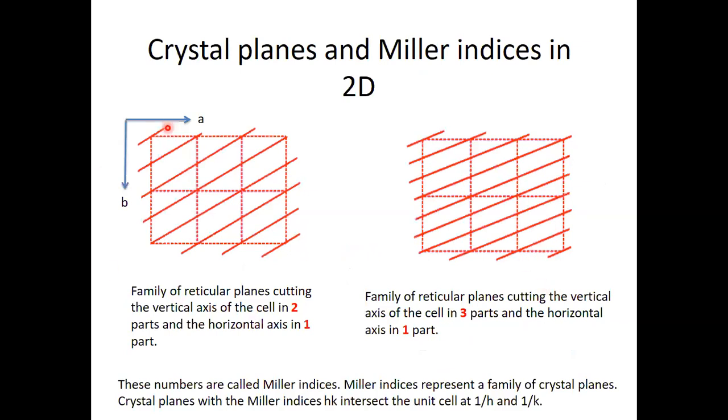But before we discuss this in detail, let us briefly discuss the Miller indices that I already previously mentioned. I said that the Miller indices define families of crystal planes. Before we go to the three-dimensional case, let us first understand crystal planes and Miller indices in 2 dimensions.